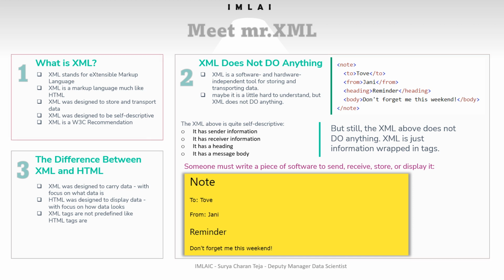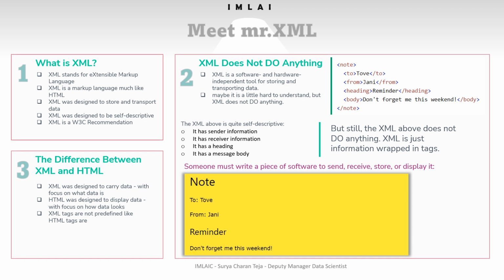So HTML works with defined tags like we have seen paragraph, H1, P, table, etc. With XML, the author must define both the tags and the document structure also. So XML is extensible.